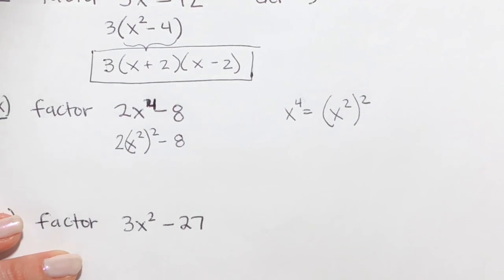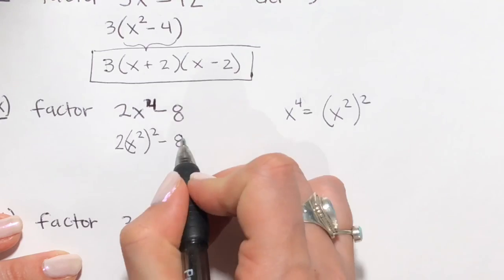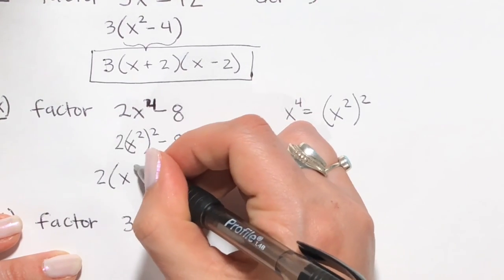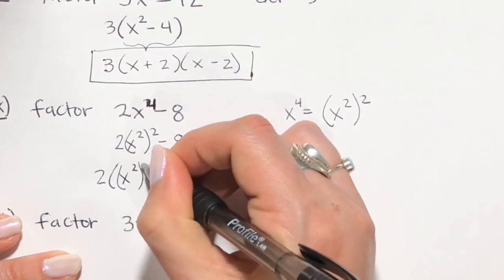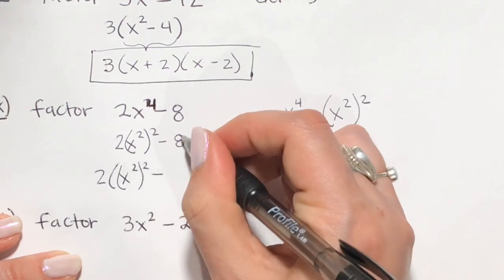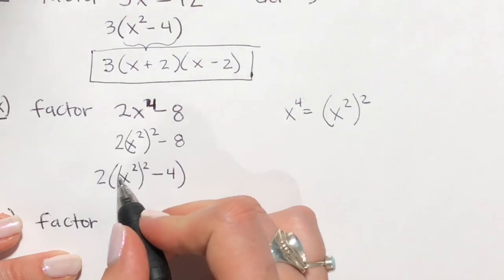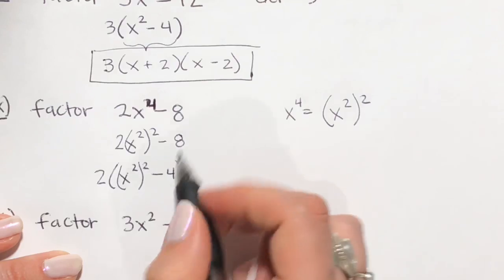So we want to factor out a common factor again like we did on the last example. So 2 goes into both of these. So if I take a 2 out, I'm going to have 2x squared, I'm going to keep writing it like this, squared. And then 8 divided by 2 is 4. So now I have a perfect square being squared and another perfect square.